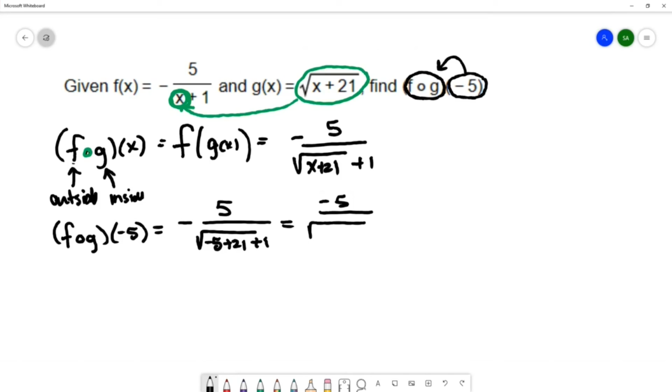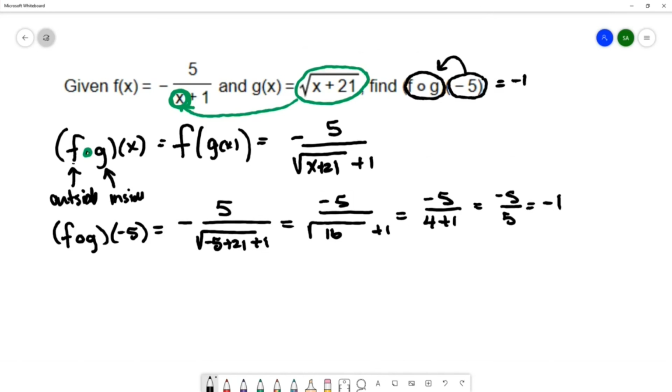Negative 5 plus 21 is 16. Square root of 16 is 4. 4 plus 1 is 5, and negative 5 over 5 is negative 1. So we were able to calculate f composed with g of negative 5 to be negative 1.